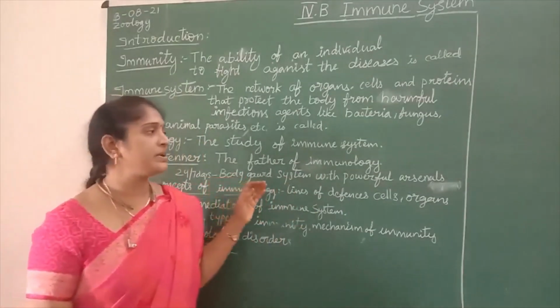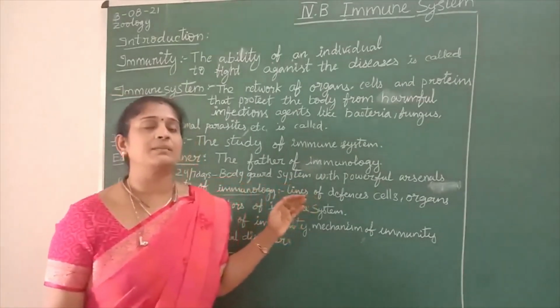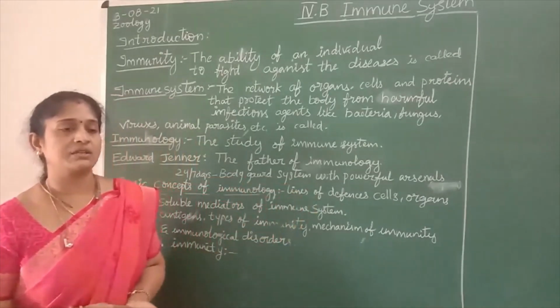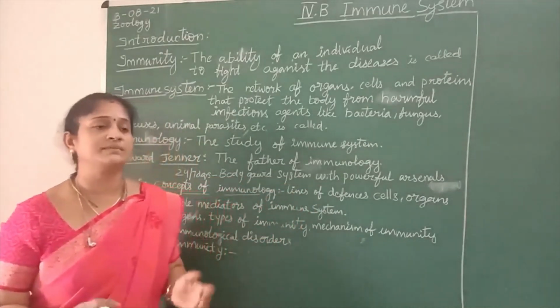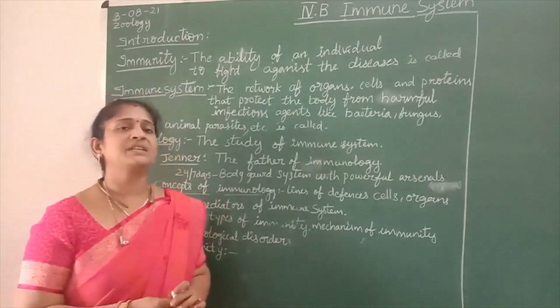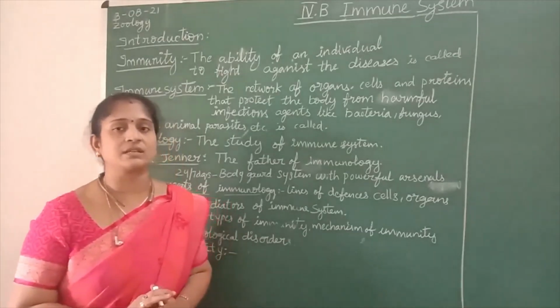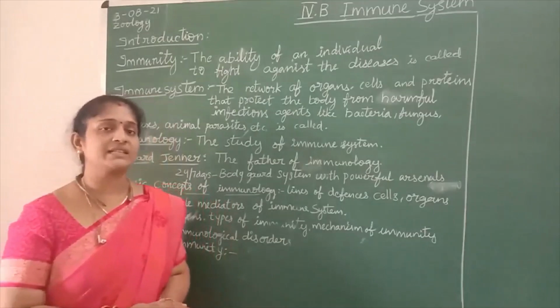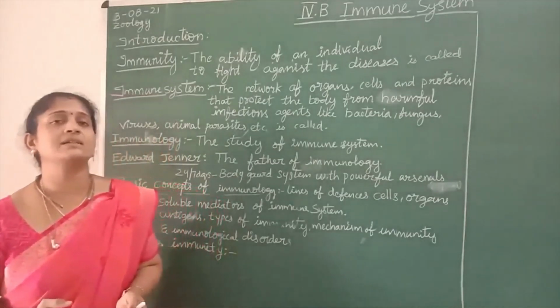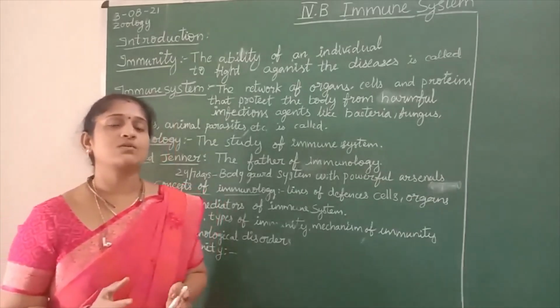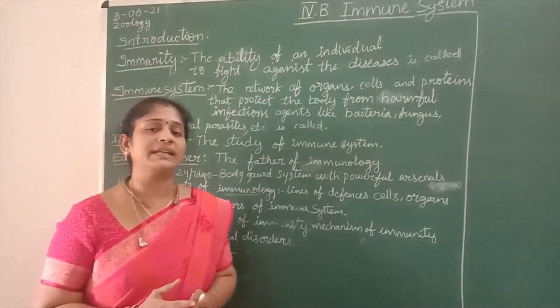This immunity develops after the birth of the child by vaccination, by other medicines, by other medical help, especially vaccination. With vaccination we can develop our immunity. That is called acquired immunity.